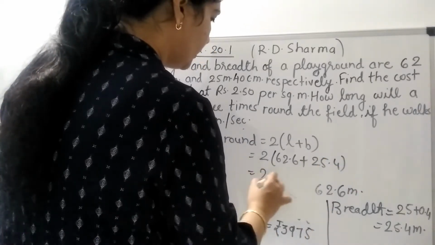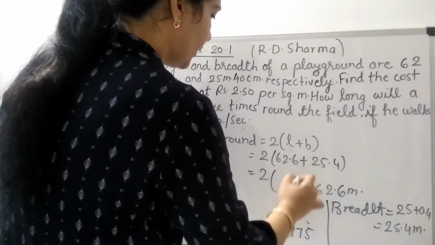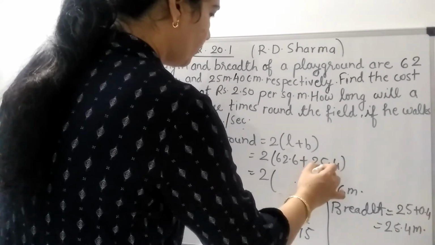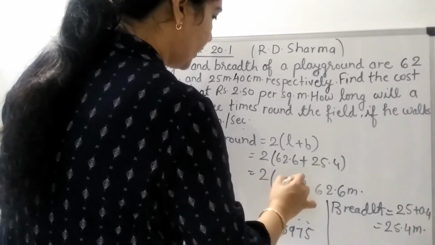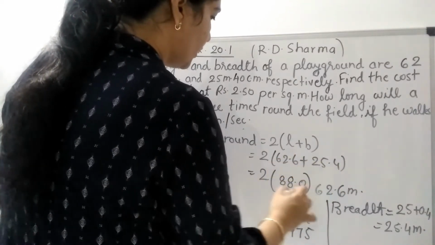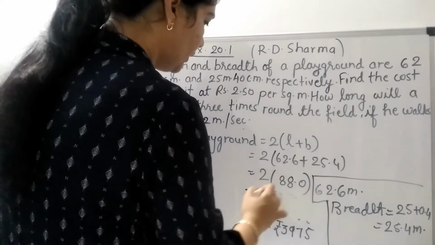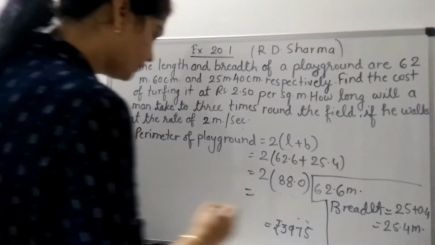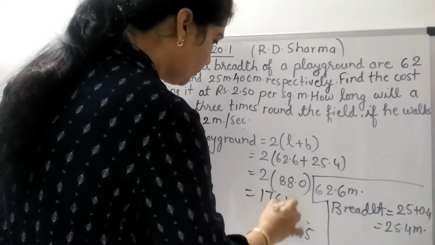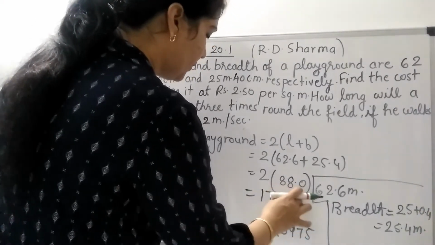When you add, you will get 88. And when you multiply further, you will get 176 meter. Okay, this is the perimeter.